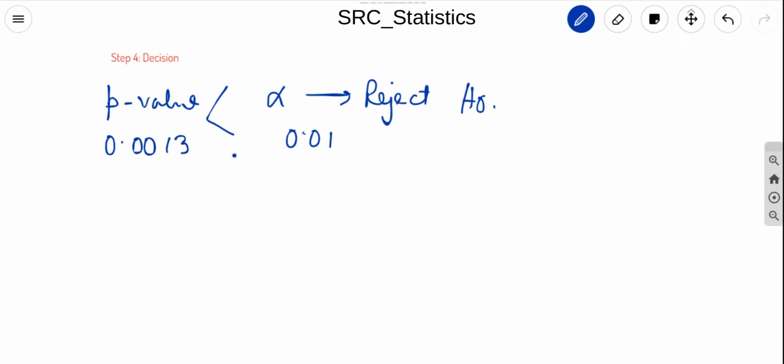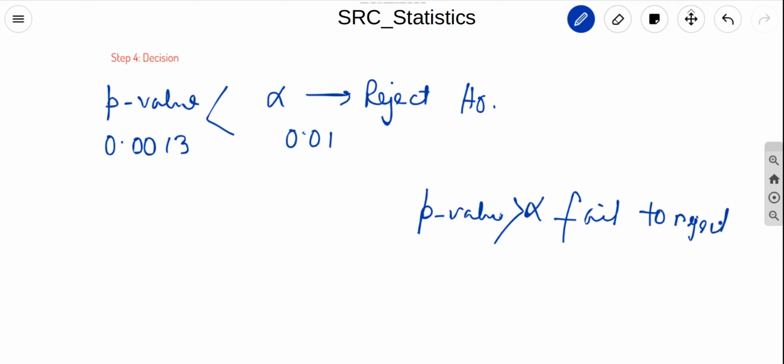Whether the test is left tail, right tail or two tailed, if the p-value is less than alpha, we reject the null hypothesis, and if the p-value is greater than alpha, we fail to reject the null hypothesis. This is valid for left tail, right tail and two tail.